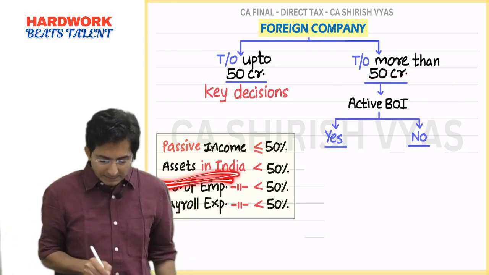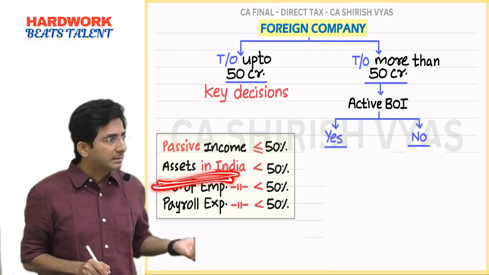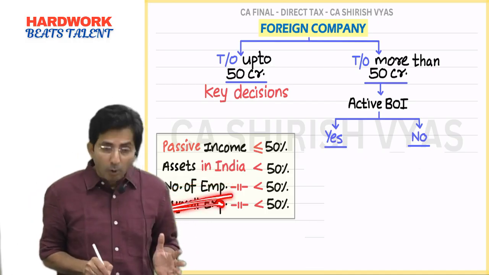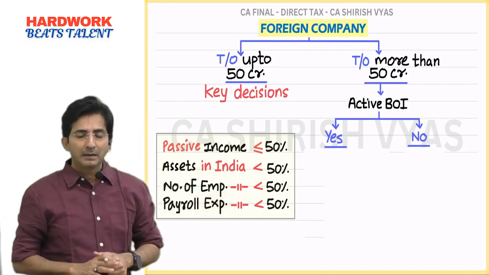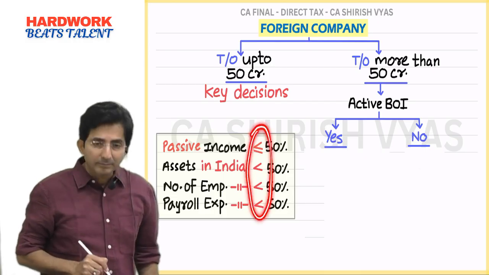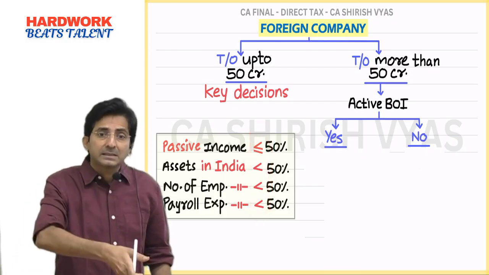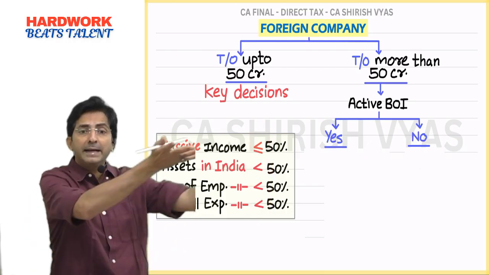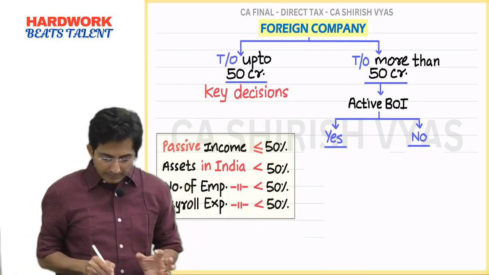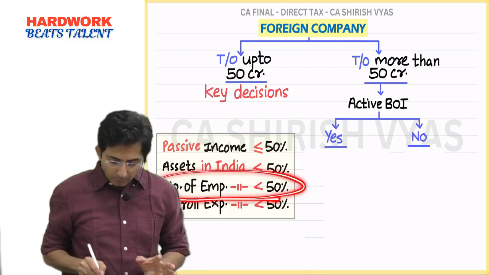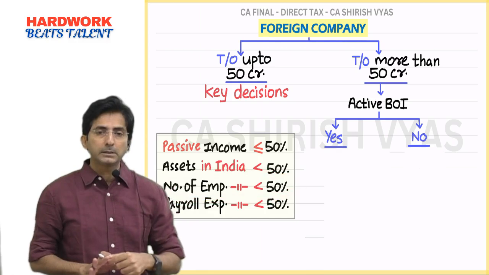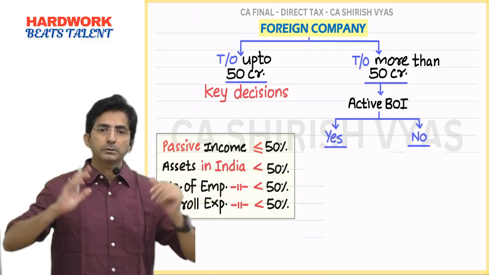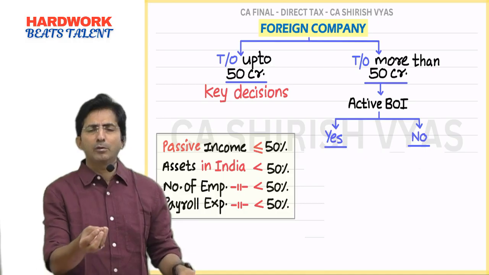That means assets in India, machines in India are less. The number of employees also is less in India. I hope you are seeing this less than sign. In India less, so where is it more? Outside. And see, the number of employees sometimes can give you a wrong idea. Like, a company might say, we have got 100 employees, and in India we have got only 5.